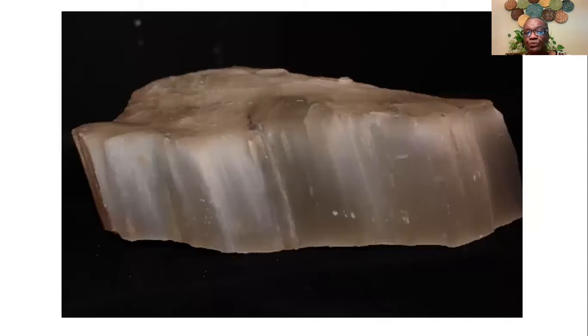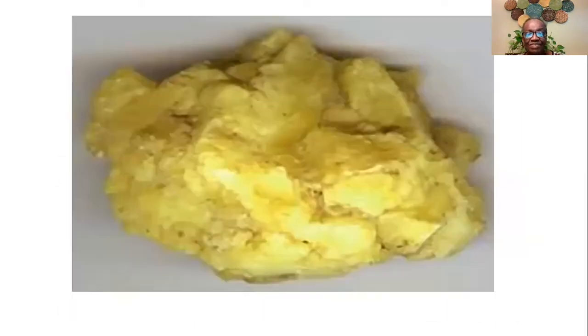Gypsum, and remember gypsum, we learned, is mineral number 2 on the Mohs scale of hardness. And gypsum happens to be an example of a sulfate. And this one is sulfur.